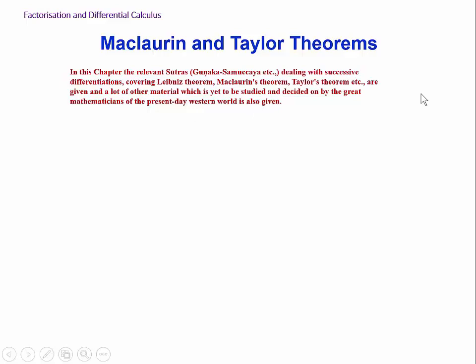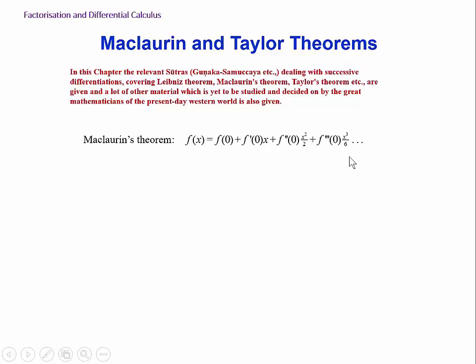So if we look at Maclaurin's theorem, which he mentions here, this is the standard expression of it. f(x), which could be any function of x, is equal to f(0) plus f'(0)x, f''(0)x squared over 2, and so on. And we see differentiation obviously involved here, because here we get f(0), then we get f'(0), f''(0), differentiations.